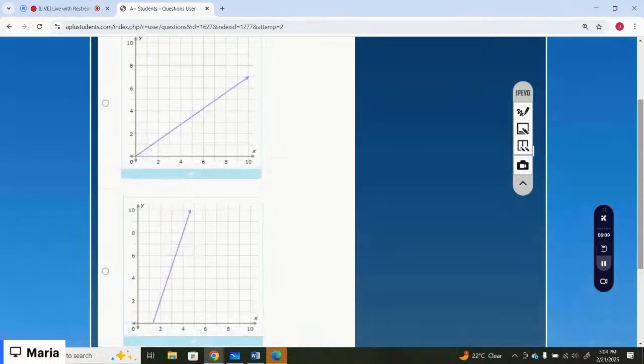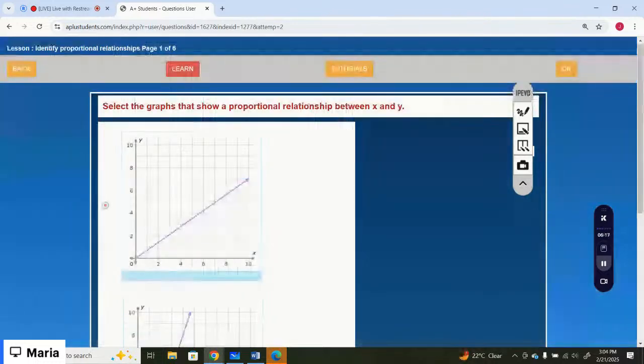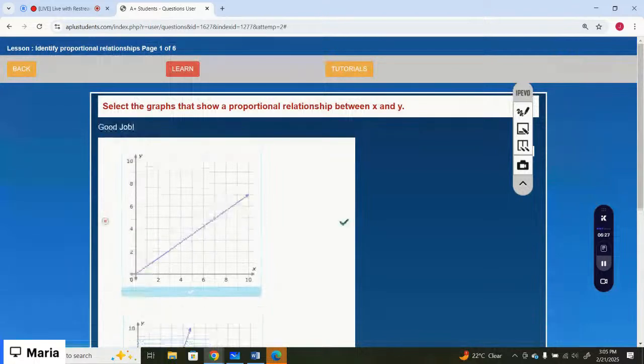So which is the correct option? Option number one is the correct option. That's a straight line passing through the origin. So that graph shows the proportional relationship between x and y.